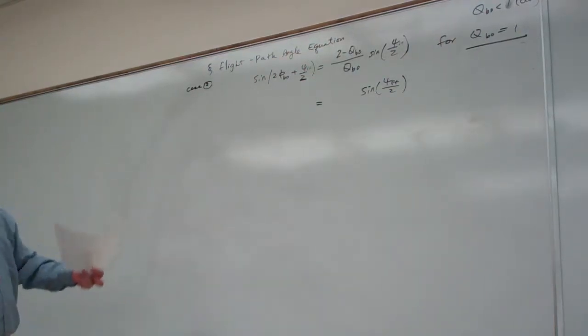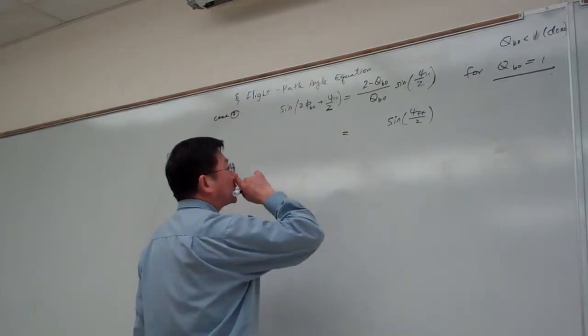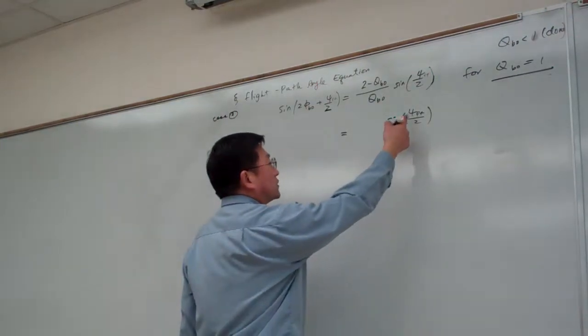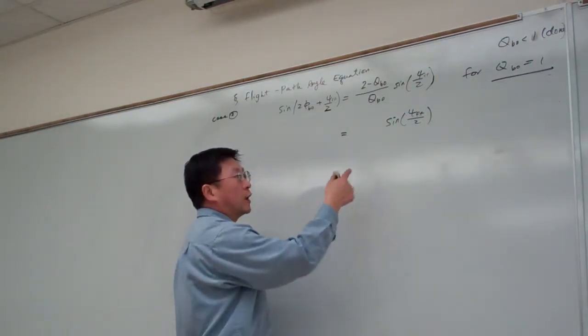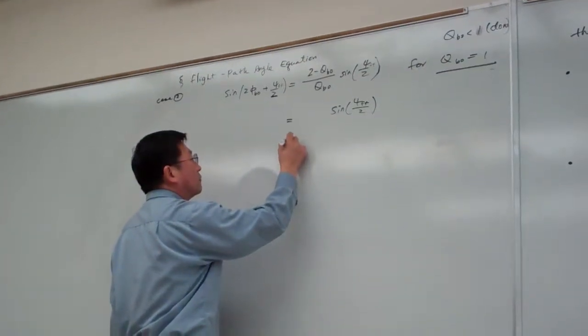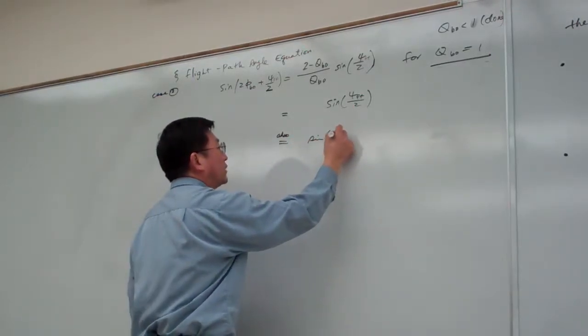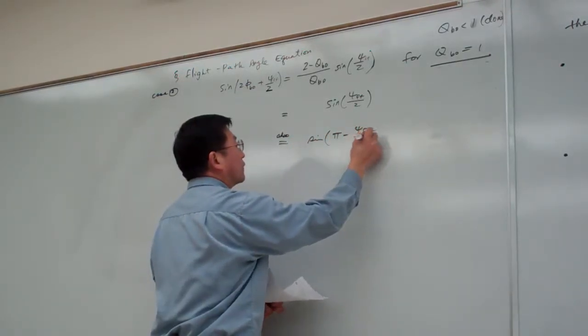So this situation is pretty much straightforward. In this way, we know this side, and for any angle, this one is also equal to sine of (pi minus VFF) over 2.